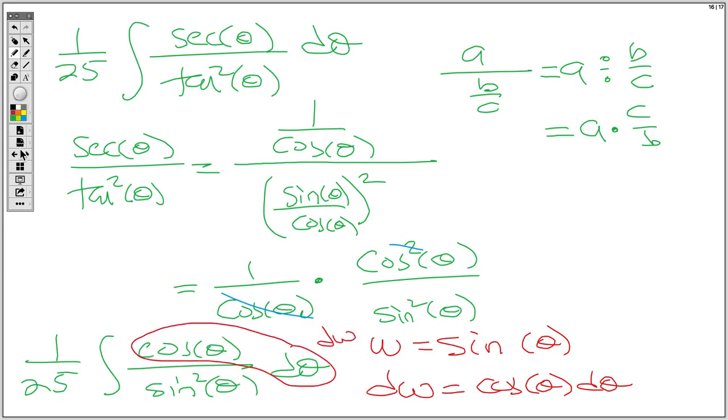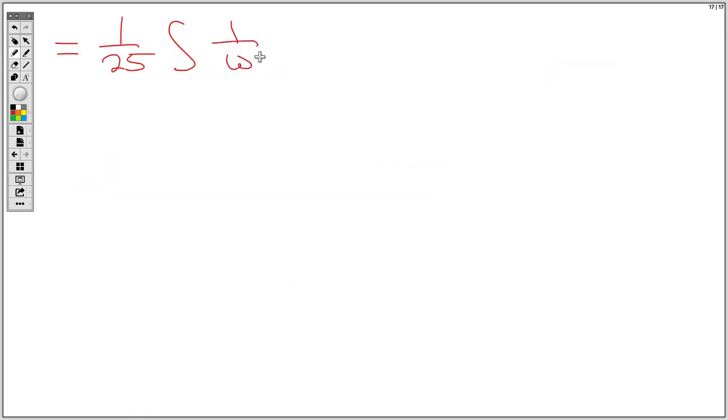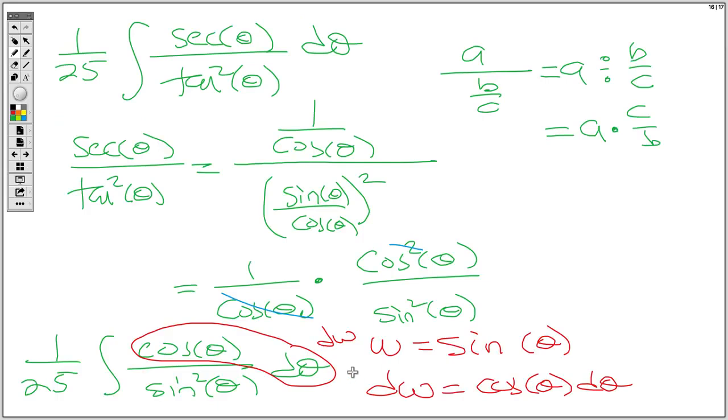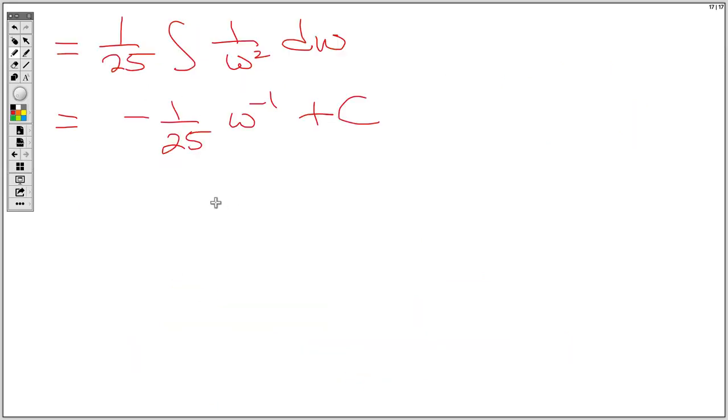We've got 1 over w squared, and this we can get using the power rule. Any questions on the substitution here or the subsequent integration using the power rule?